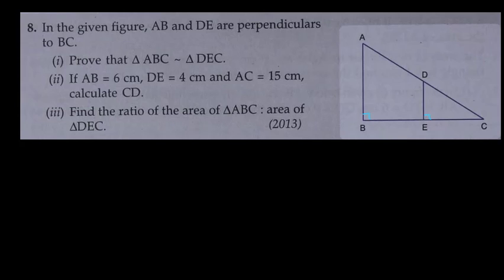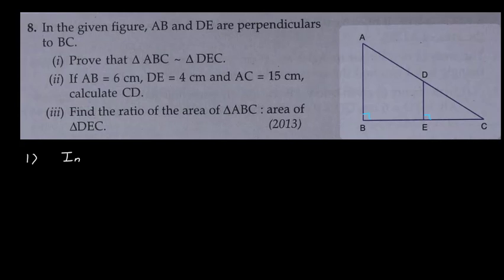So these are the three problems. I will solve one by one. You can solve the first part by yourself. It is simple. In the first part, you have to prove that triangle ABC and DEC are similar. So here you see how we are solving.